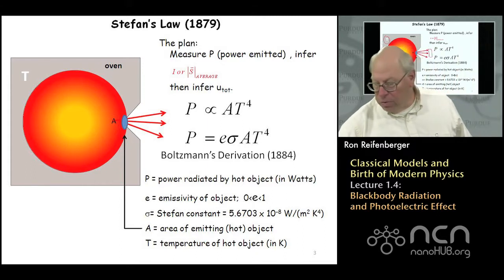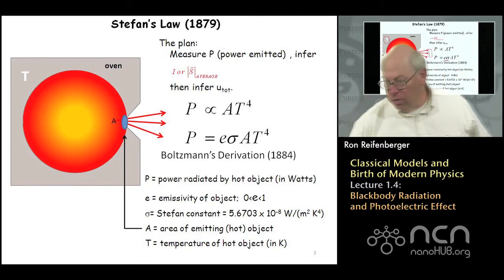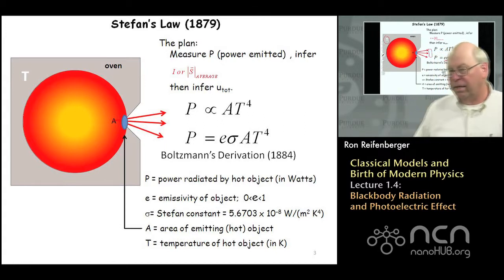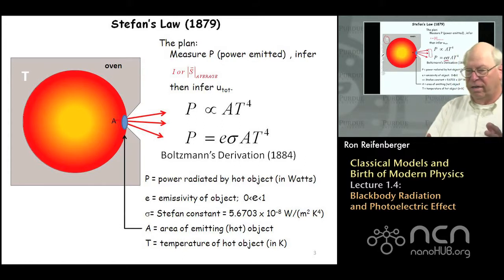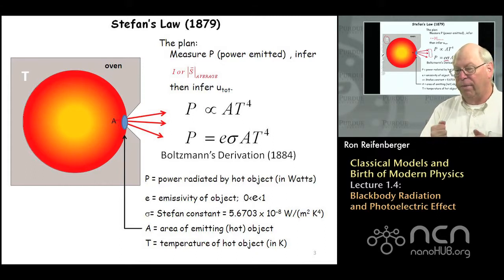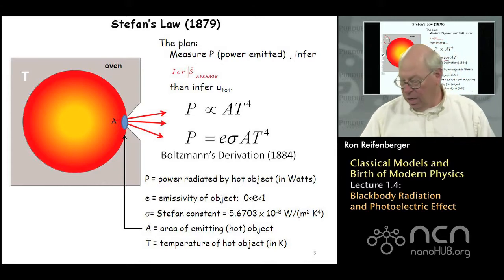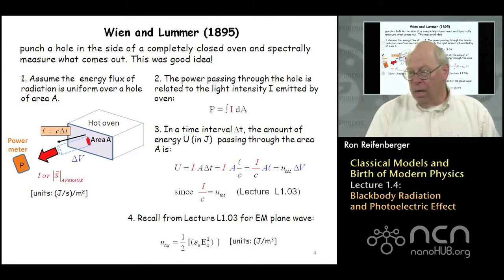So 2 parameters were introduced. One is referred to as the emissivity of the object. This tells you something about the nature of the surface from which the radiation is emitting. Sigma is known as Stefan's constant. This is a value that's obtained from very careful measurements of power versus temperature. So this was the state of the situation in 1879.